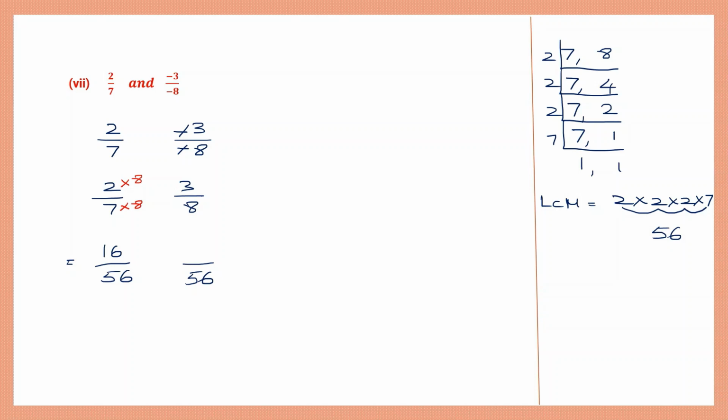The second rational number, 8 into 7 is 56. So 3 into 7. 3 7s are 21. So now you can make out 16 and 21. 16 is less than 21. That means if you go back to the question, 2 by 7 is less than minus 3 by minus 8.